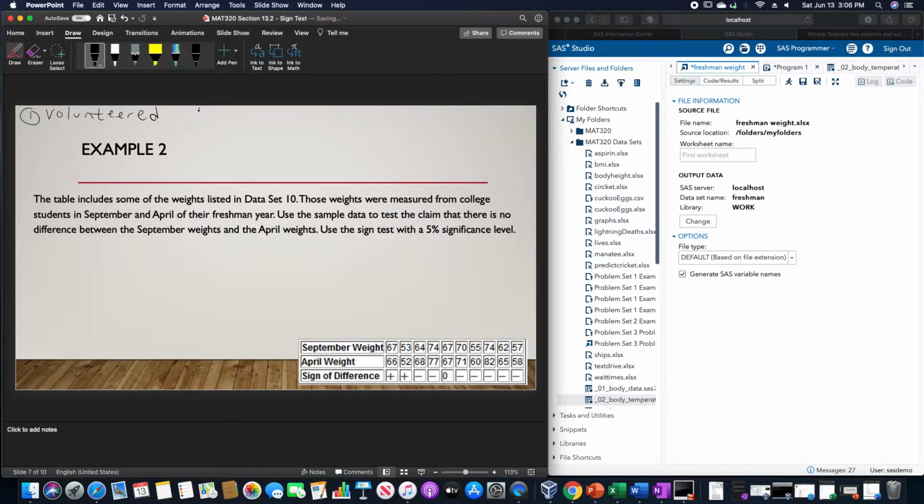The null hypothesis is that there is no difference between the April and September weights.